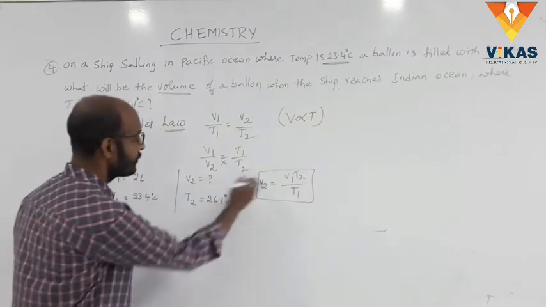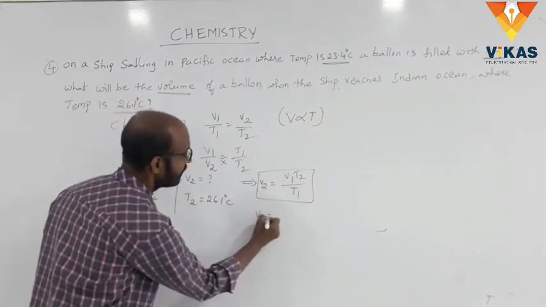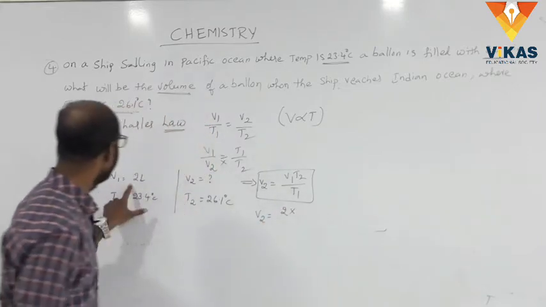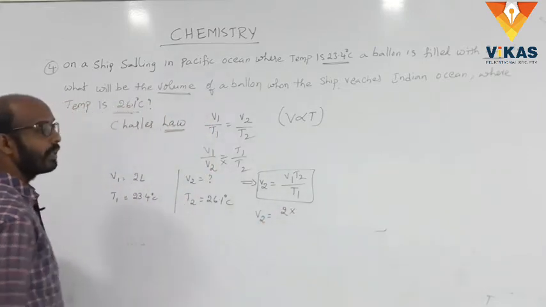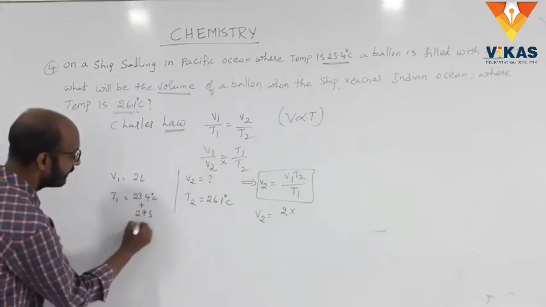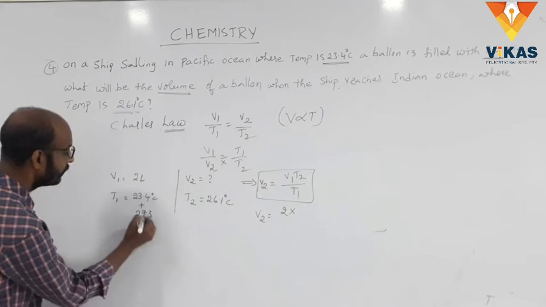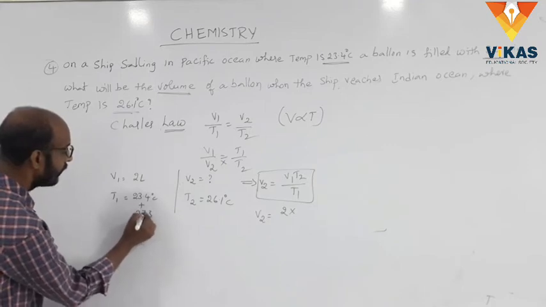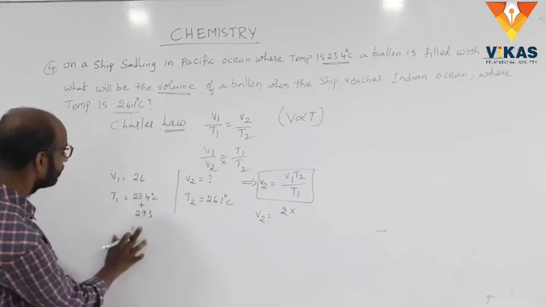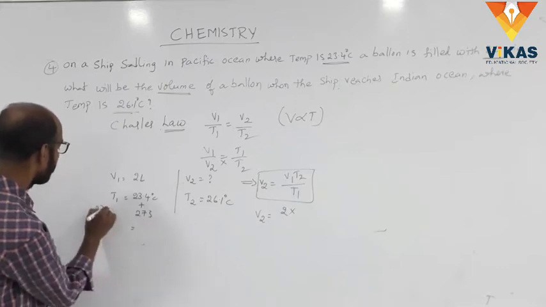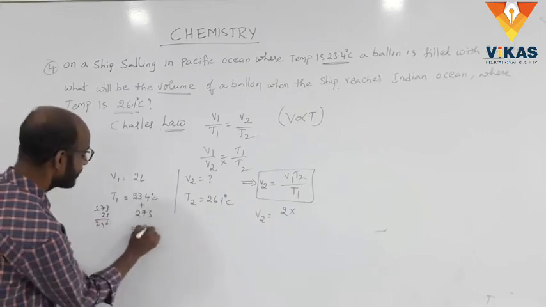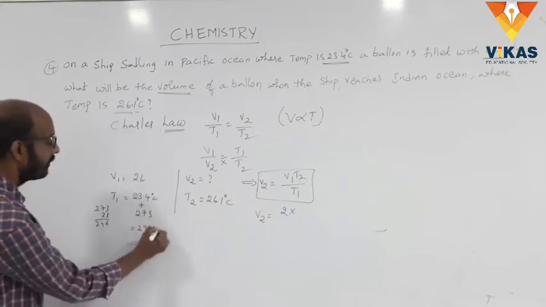Okay na? Substitute the values. So V2 is equal to V1 value anta 2 liters and T2 ఎంత ఉంది? సో T2 కన్వర్ట్ ఇంటూ టెంపరేచర్స్ని కెల్విన్లో మార్చండి అన్న, దట్ ఈస్ ద 273, దట్ ఈస్ ఈక్వల్ టు ఎంత అవుతుంది? 23 ప్లస్ 27 అవుతుందన్న, 296.4 Kelvin.